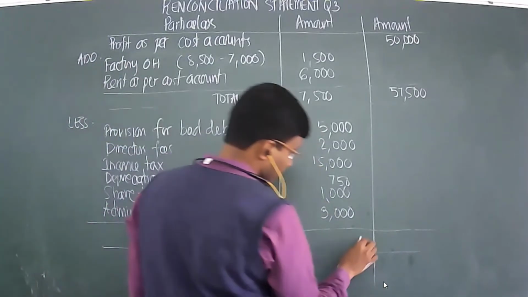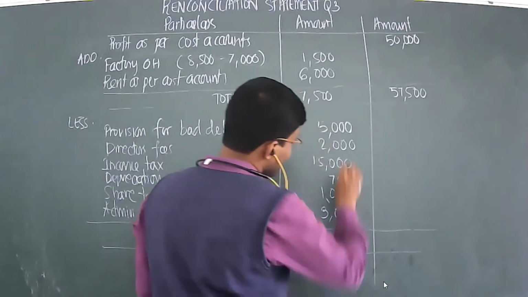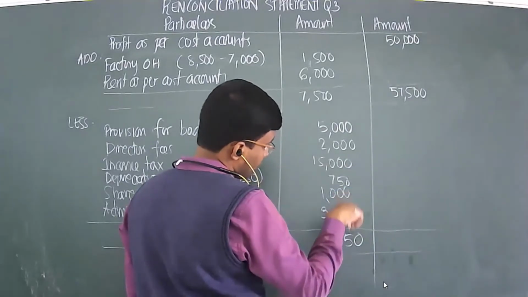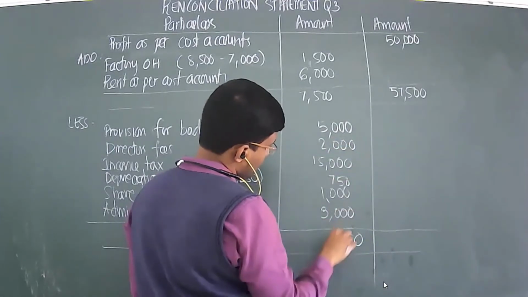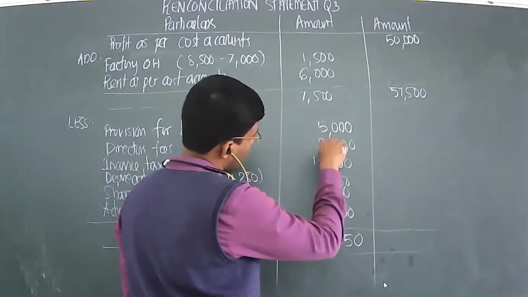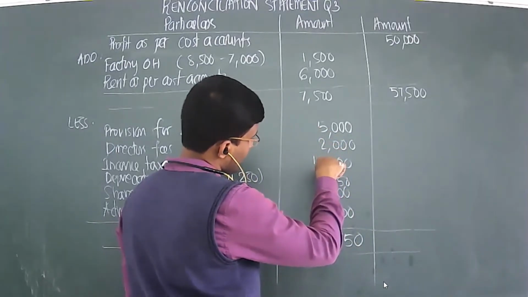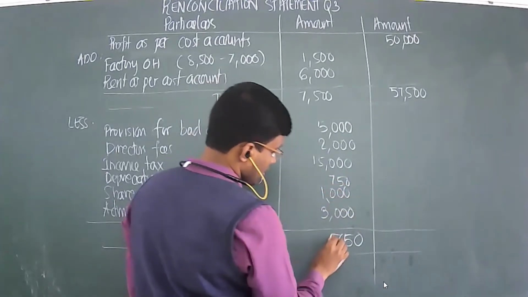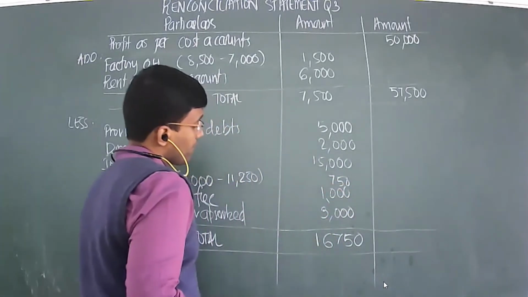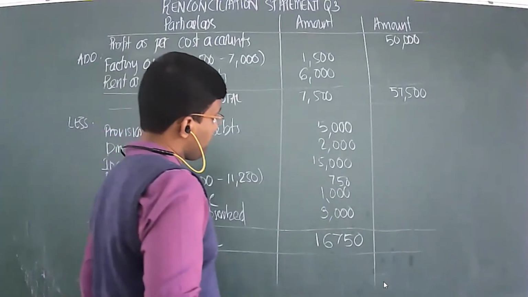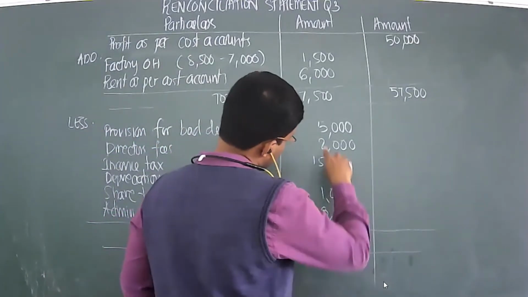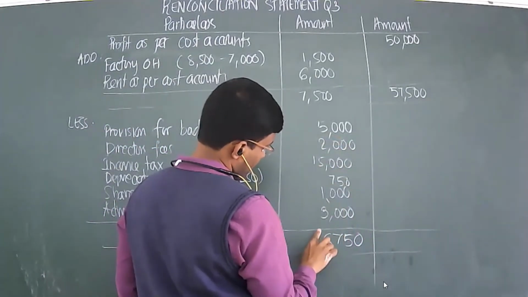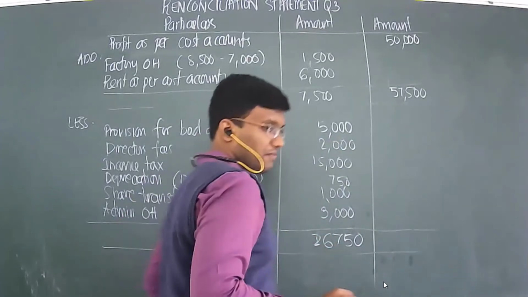This part of the section, let me just quickly calculate. This works out to be 16,750. So I think I made a mistake. Okay, this works out to be 26,750.